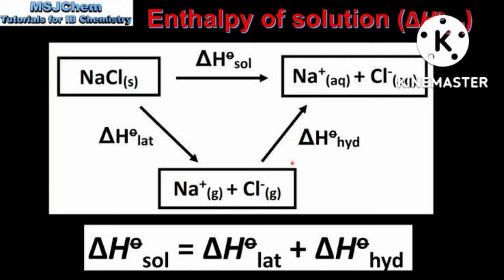Then obviously it will go to the gaseous state directly, without dissociation. It will dissociate, but that energy will be very less. The dissociation of the compound may not take place at all.